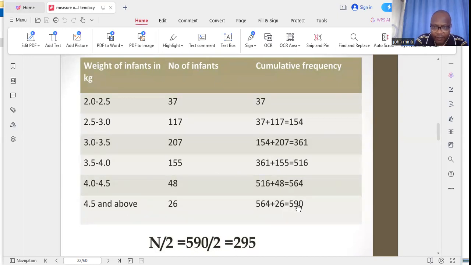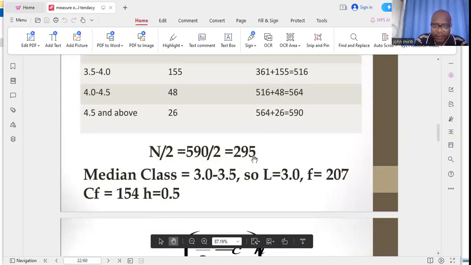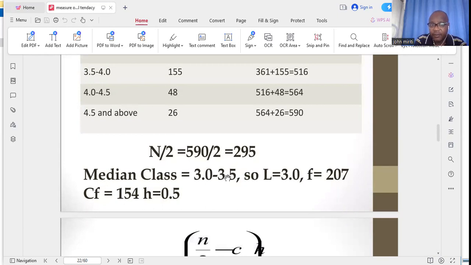But it's 590. So when you find it, you see that 595 is our median. So in this class, the class median is 3.0. So this is the class. So the low limit is 3.0 and the frequency is 2.7 and the cumulative frequency is 154 and the length of the class is 0.5.